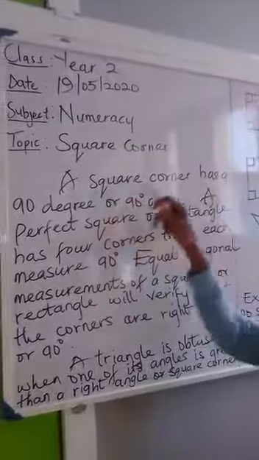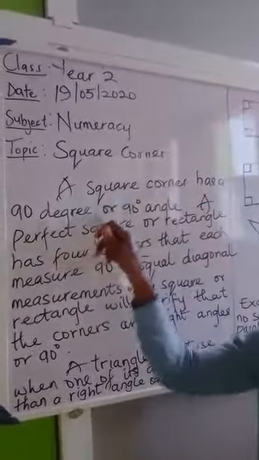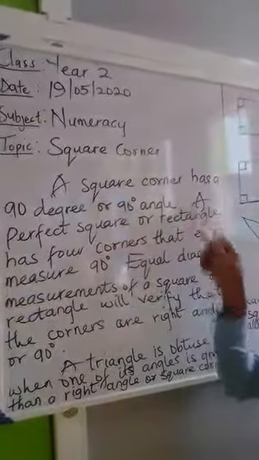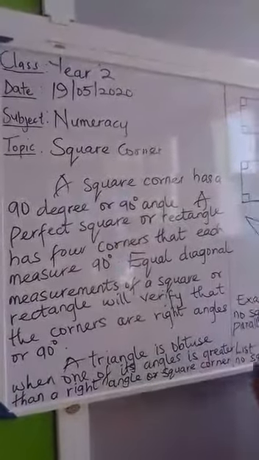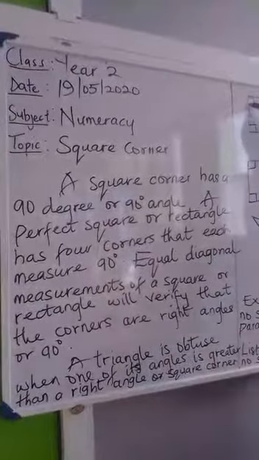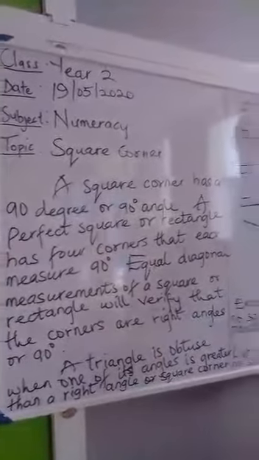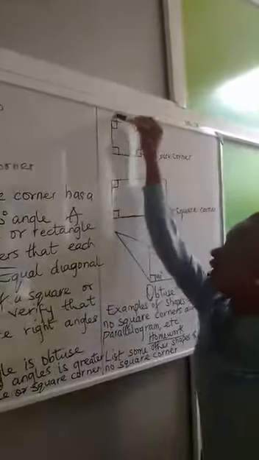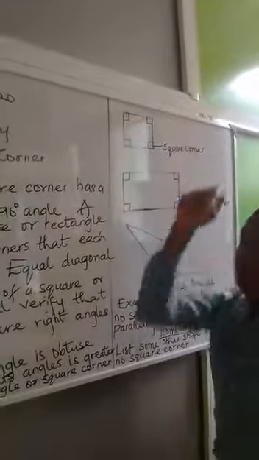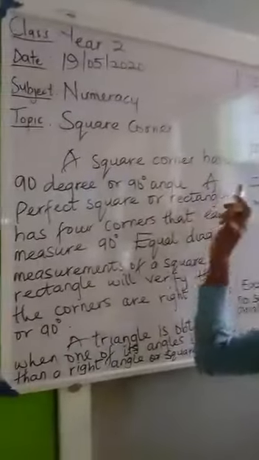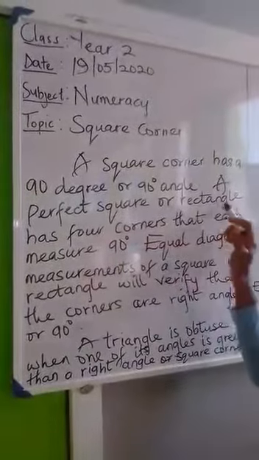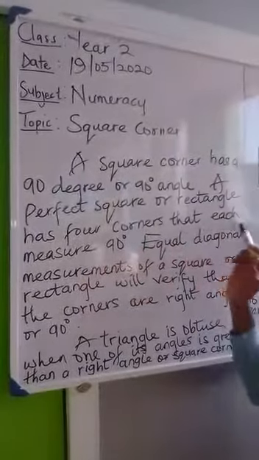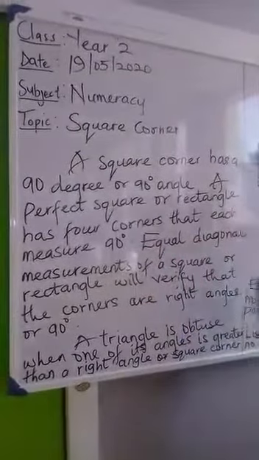Okay, a square corner has a 90-degree angle. For instance, look at what I meant by a square corner. By the sides, the corner of the figure, the corner of the shape. Okay, a perfect square or a rectangle has four corners that each measure 90 degrees.